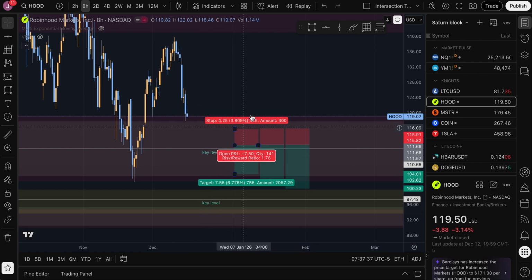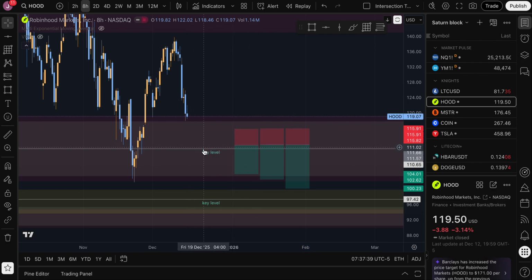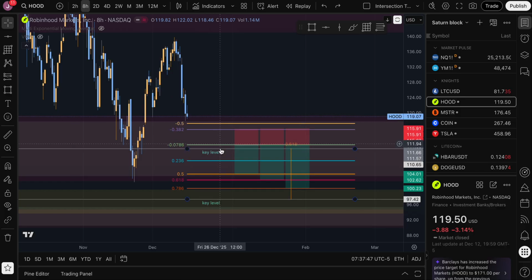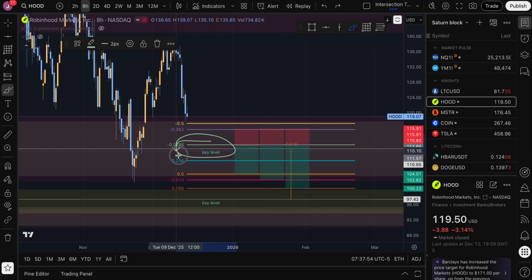So I don't think there's a trade here at the moment for me. I would want it to be a little bit closer to this key level. So then I would read the momentum. So I'll undo that so it's there. But I'm waiting for it to get more in this area before I consider setting limit orders.